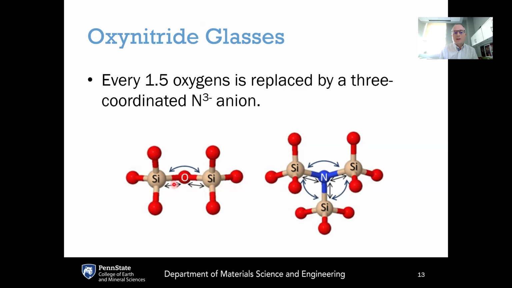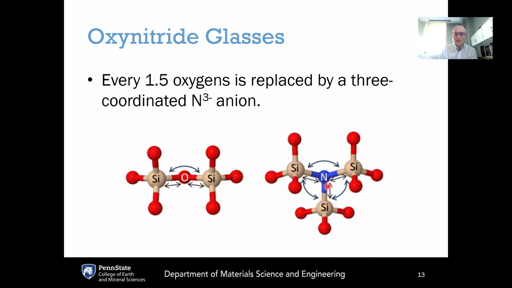And the interesting thing is that whereas oxygen provides bonds to 2 neighboring cations, nitrogen provides bonds to 3 of the neighboring cations. And this increases the bond density in the glass. It also increases the propensity for crystallization if the system is becoming over-constrained. But what's happening is instead of having just one rigid linear bond here and one bond angle for each oxygen, there are 1.5 linear bonds because there's 3 bonds with the nitrogen.